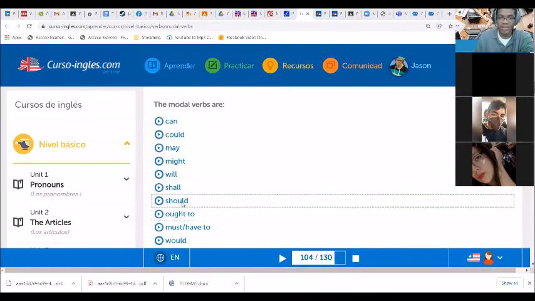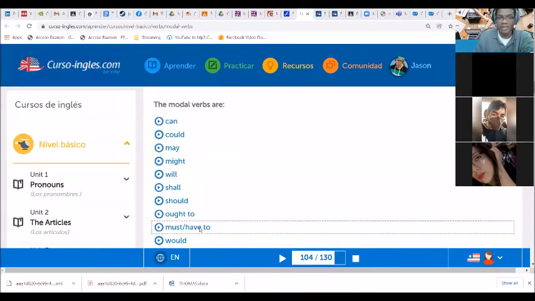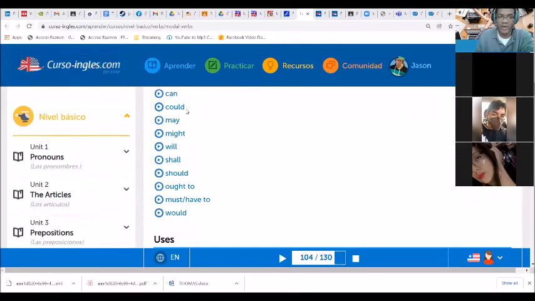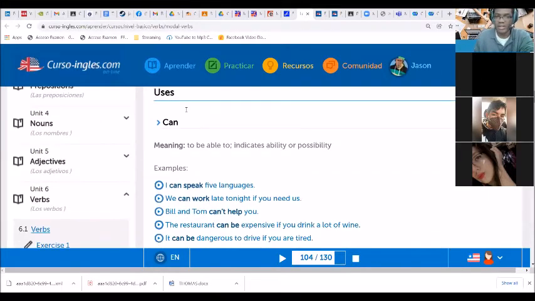Should, ought to, debería. Must, this is the rule. Tienes que, for example. And would, gustaría, and things like that. All right, so focus on the different uses and let's go little by little through the options.